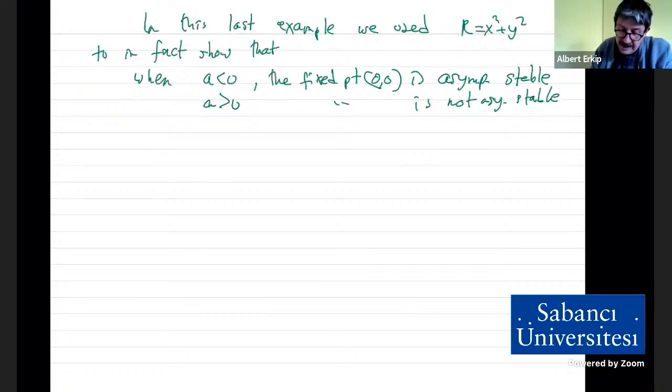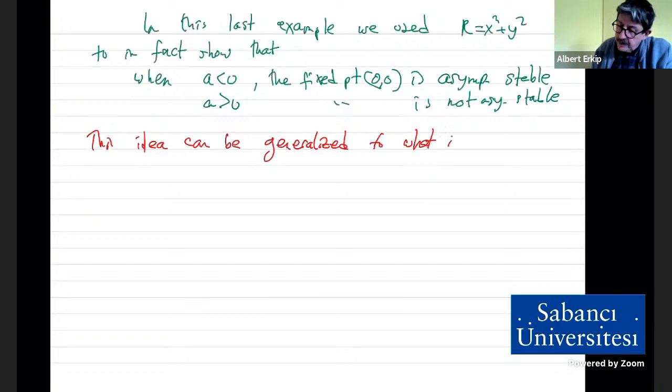Now, this idea can be generalized to what is called the Lyapunov function.